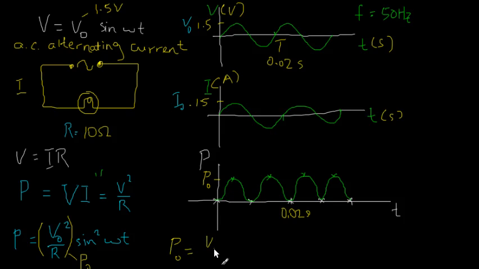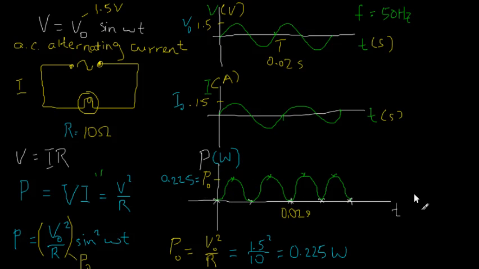P0 is V0 squared over R. And in this example then, V0 is 1.5 and R is 10. I use my calculator, should find 0.225 watts. So that's the maximum power, 0.225 in watts. So that's what the power time graph would look like.